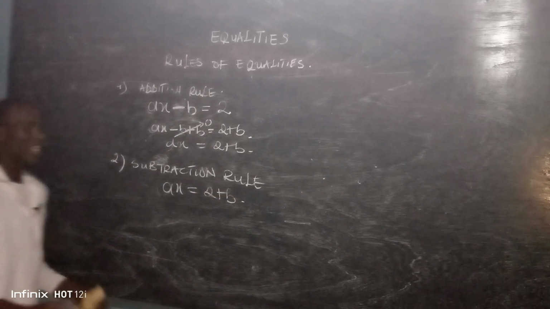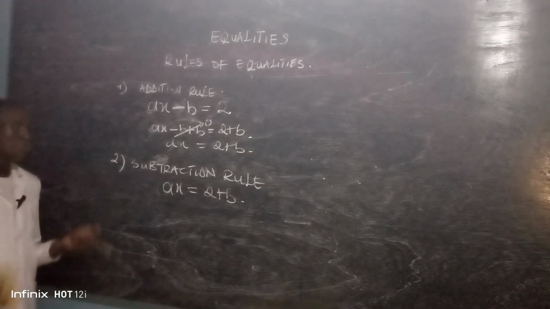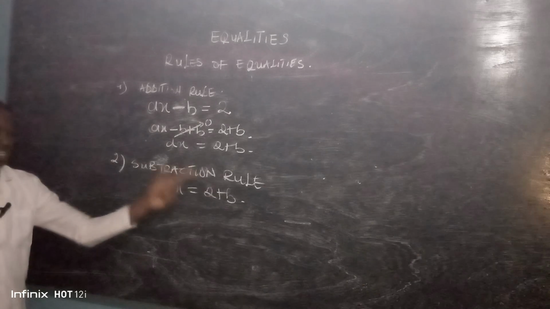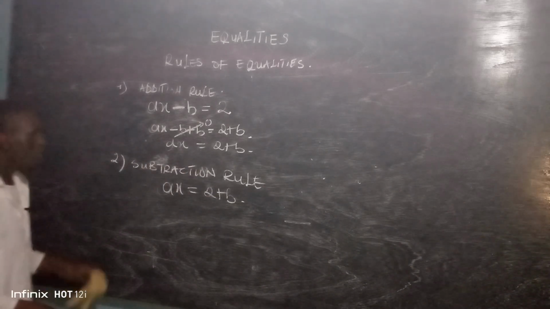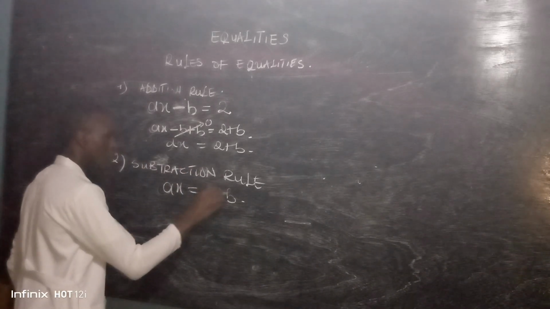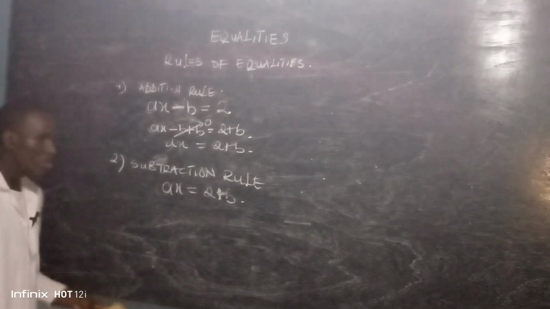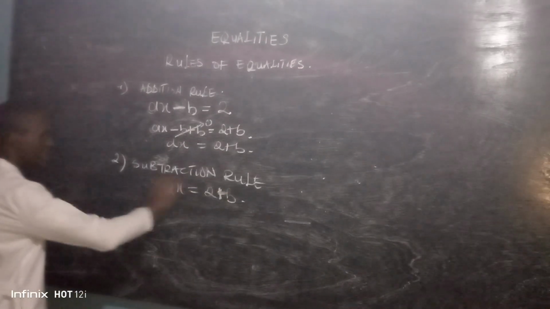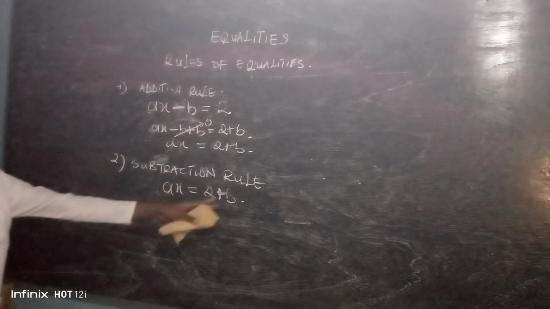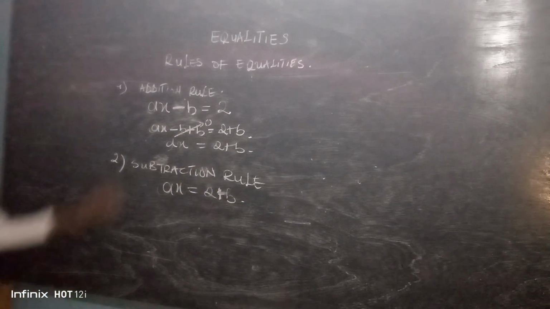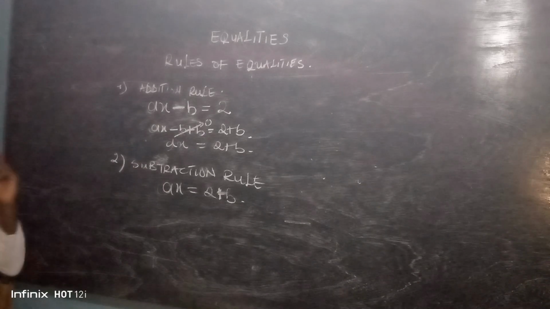The subtraction rule is saying that if the term I want to move on the equation is positive, I'm going to subtract that quantity from both sides of the equation. That's why I say the addition rule and subtraction rule go together.